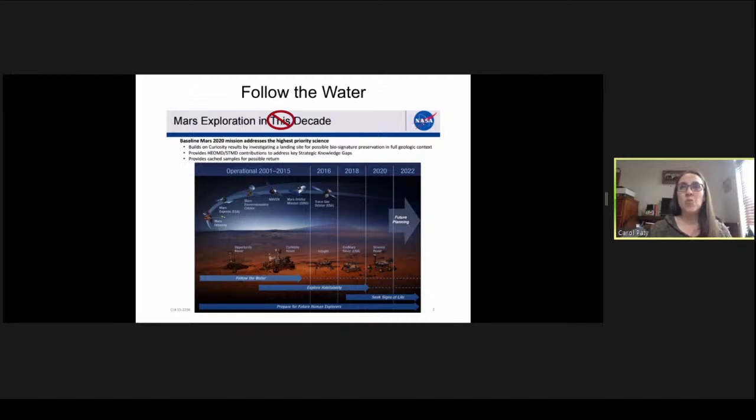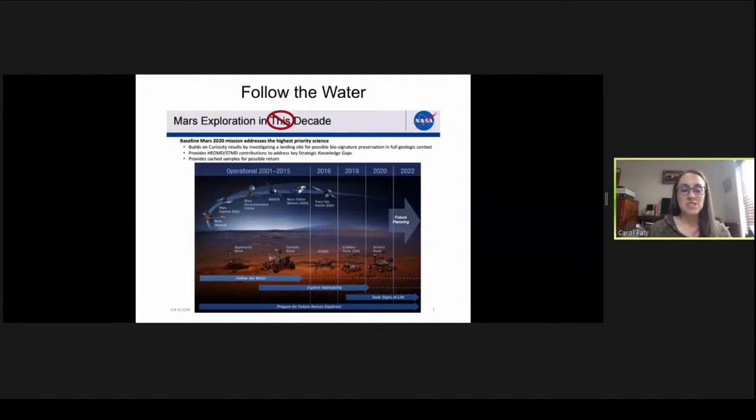And this was all well and good, and it led to a very rich and very detailed mission plan for sending missions basically every launch window, which is every 2 years, to Mars, to follow this roadmap for following the water, exploring habitability, and eventually seeking signs of life. And then you can see at the very bottom there, it says prepare for human exploration.